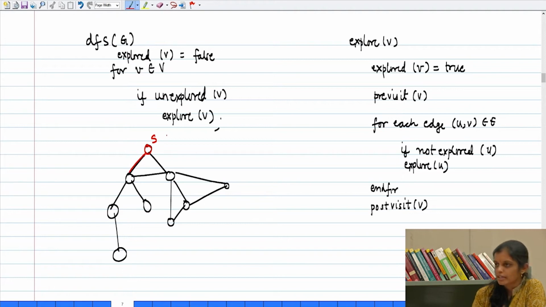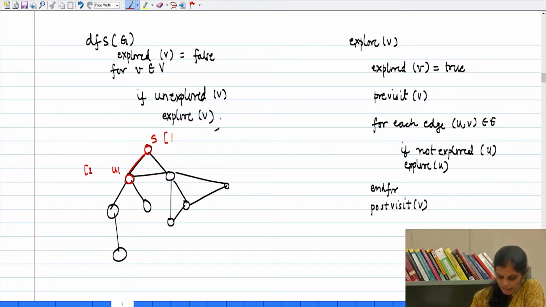At this moment I should have set explored of S to true, and I should have also given a pre-visit number. Initially, let's say the counter value is 1, so I have given a number of 1. As I go here, I will explore this vertex, call it U1, and give it a pre-visit number, which will be 2. Till now I have not assigned any post-visit number because I am still here.